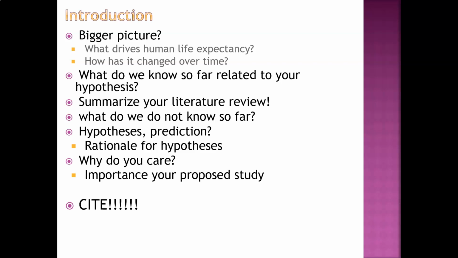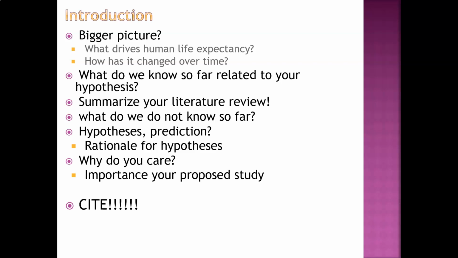We may not know, within the last half century or the last couple of centuries, if you look at populations from that time, how those two populations change in a smaller town like Bridgewater. We may not have enough locally tailored studies to understand what drives human survivorship. That's how you think about the gaps in current knowledge, and your hypothesis addresses that particular gap.